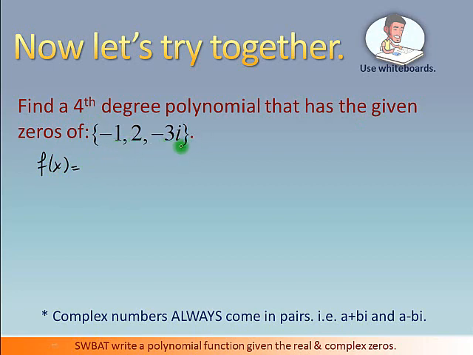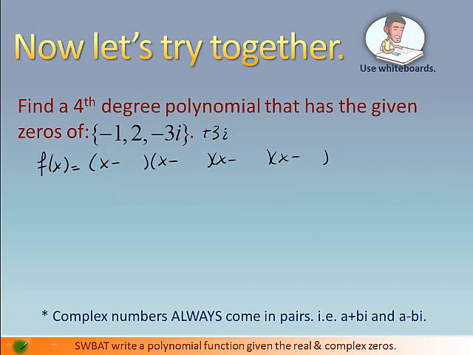The other zero is technically positive 3i, and that's where I have this little note on the bottom: complex numbers always come in pairs, a plus bi and a minus bi. So I'm going to start by writing x minus, and repeat it 4 times: 1, 2, 3, and 4. If it's a fourth degree polynomial, I'm going to have 4 factors.